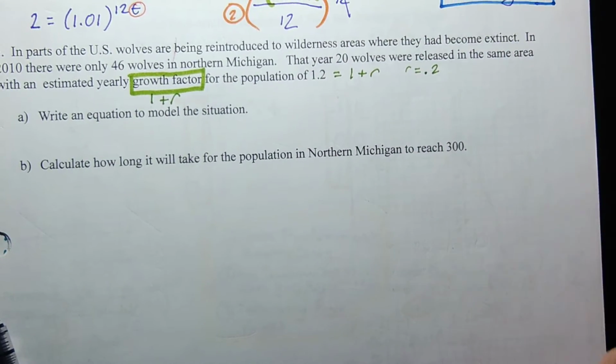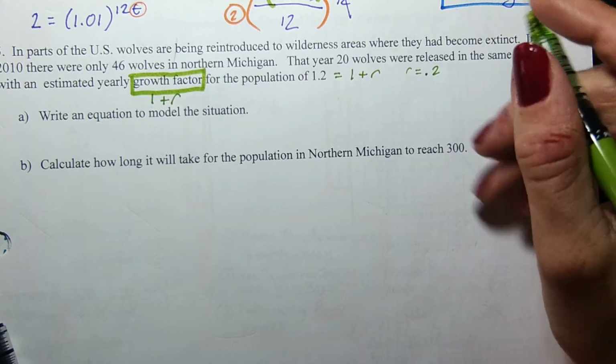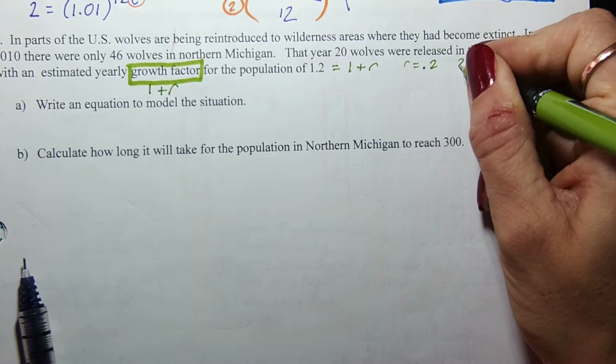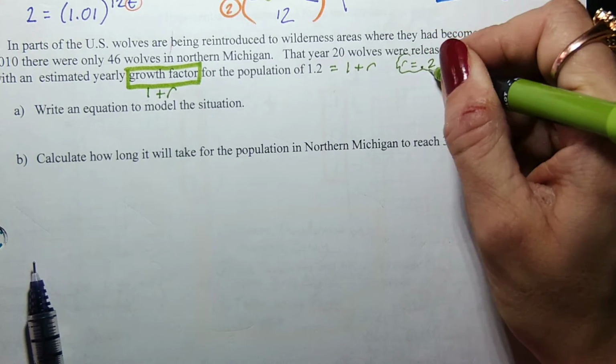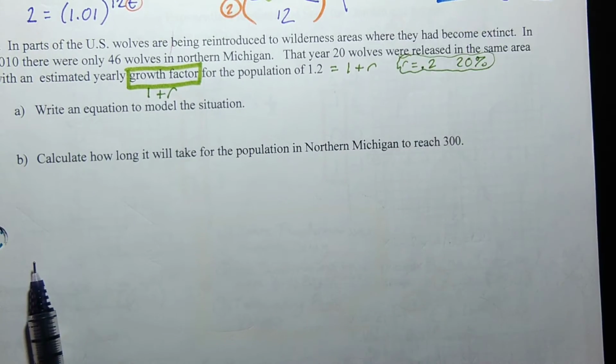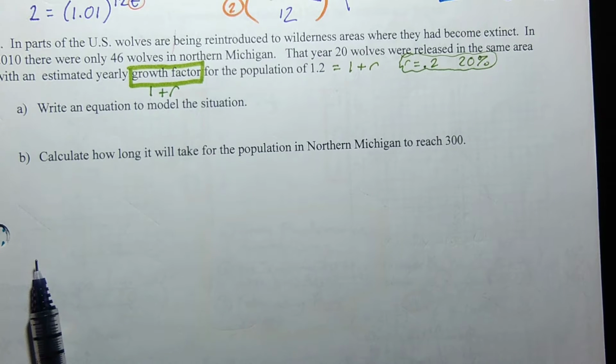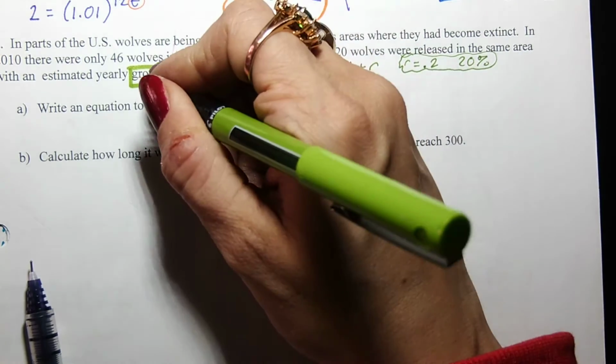So what percent are the wolves growing by? 20%. You can draw a little cloud around that stuff. That's just extra. But if you are given the growth factor instead of a percentage, you don't have to do the 1 plus R. You don't have to figure out what the R is because the 1 plus R is already given to you.